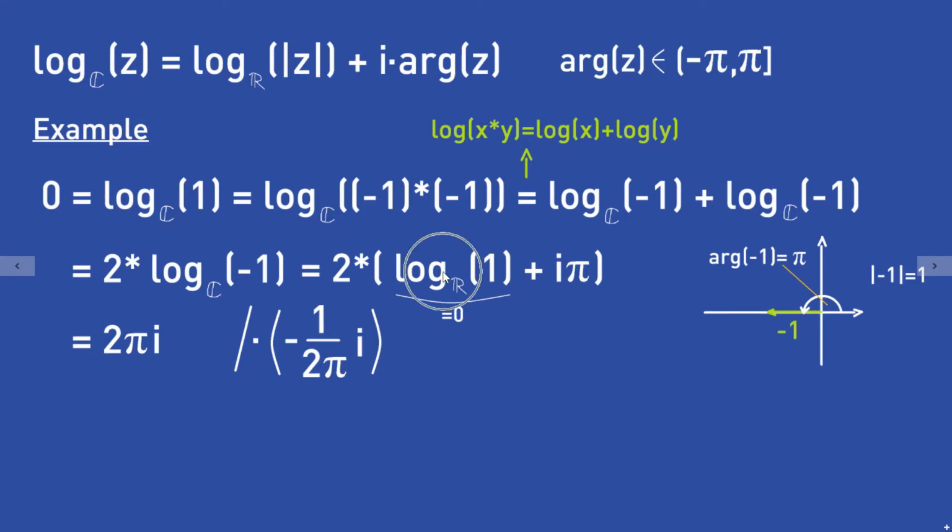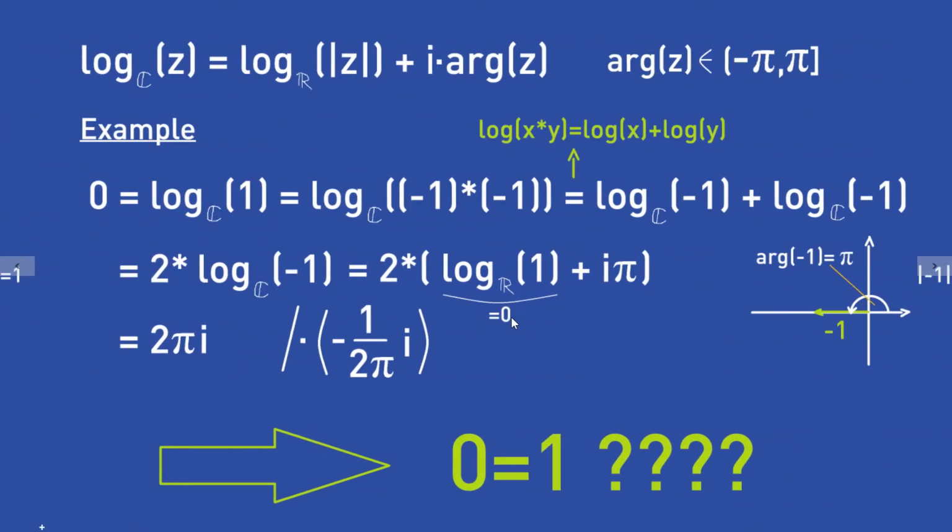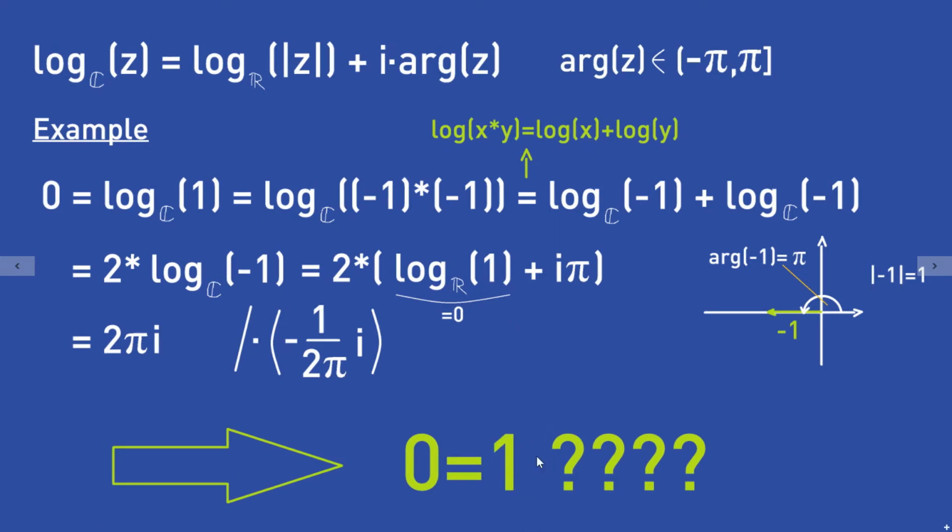Because the real logarithm of 1 is 0, this here results in 2 pi times I. But now we can multiply this complex number here at both sides and get to 0 is equal 1. So our calculations with the complex logarithm resulted in 0 is equal 1.